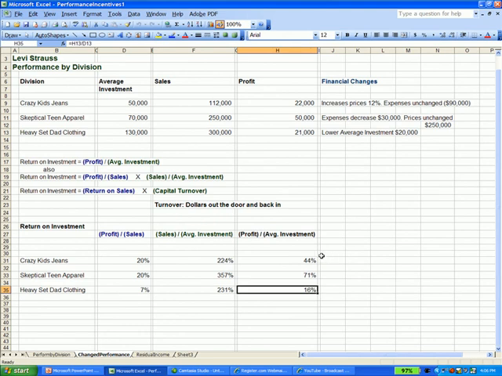After the changes, 44, 71, and 16%. So all three categories increased. What I'd like you to get out of this is that the financial changes in the right-hand column are the three ways that we can change our return on investment.